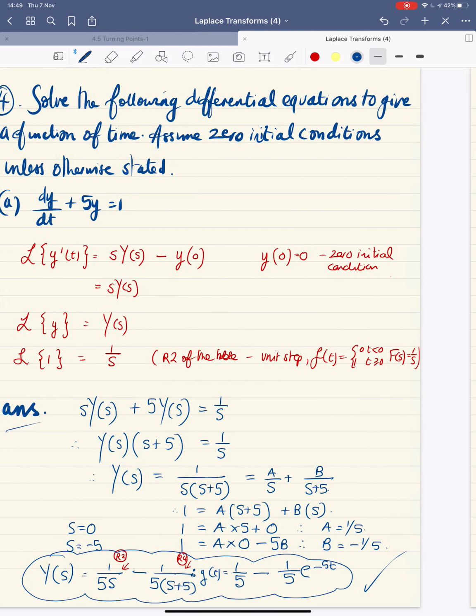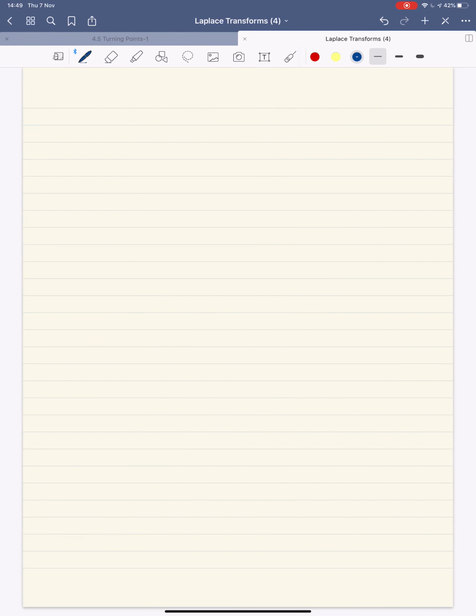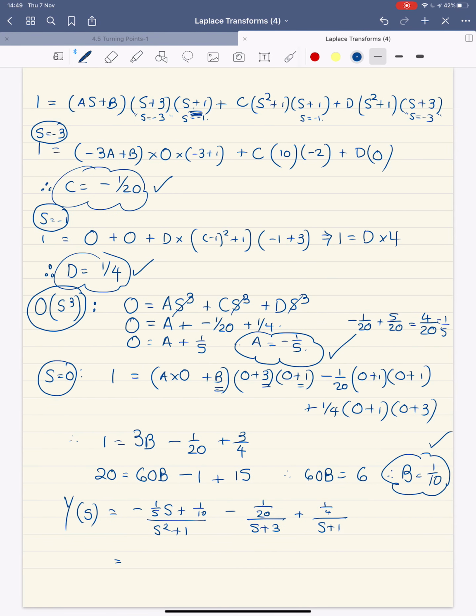Okay, so I've got it written down now. Sorry about that. So what I've done here is split this one up. It's minus 1/5 of s over s squared plus 1, plus 1/10 of 1 over s squared plus 1, minus 1/20 of 1 over s plus 3, and plus 1/4 of 1 over s plus 1.